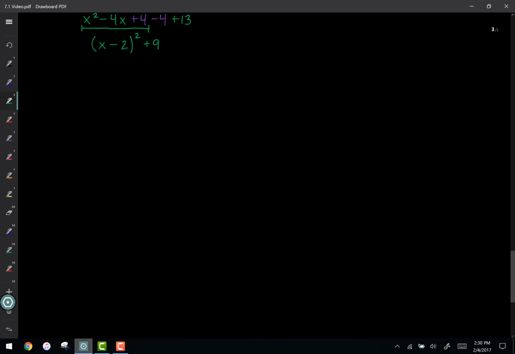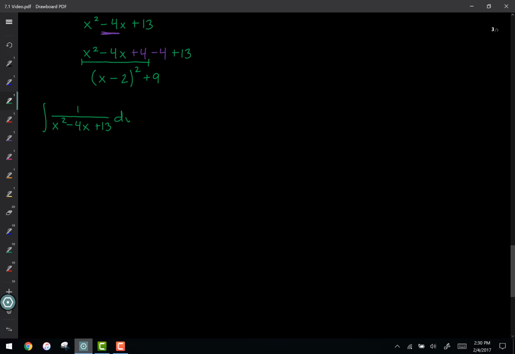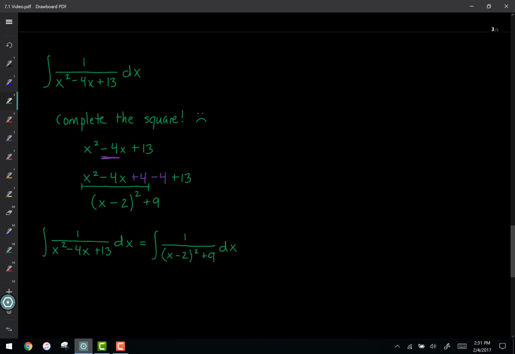So this tells us then that our integral, so we have the integral of 1 over x squared minus 4x plus 13 dx, will be equal to the integral of 1 over (x minus 2) squared plus 9 dx. Now, hopefully this looks familiar.